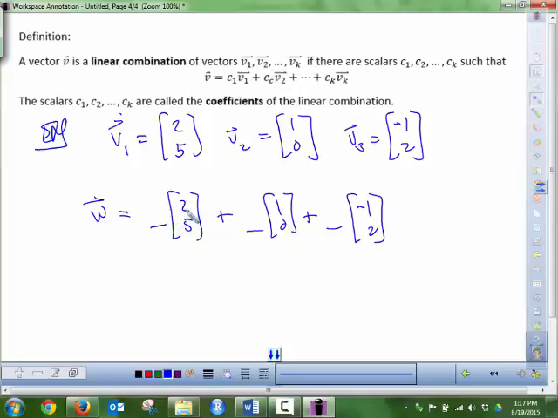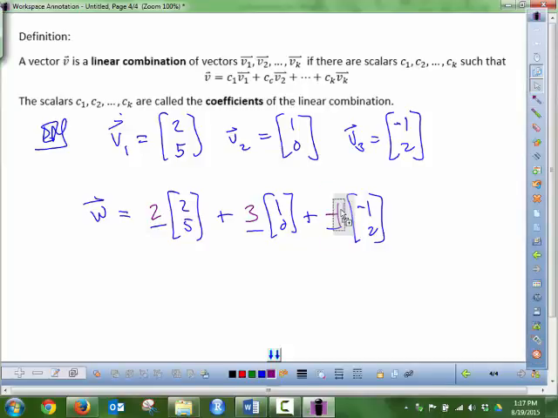I can have a coefficient list. I can arbitrarily choose numbers here, 2, 3, and -1, for example. Then this is a linear combination. We can just work this out.